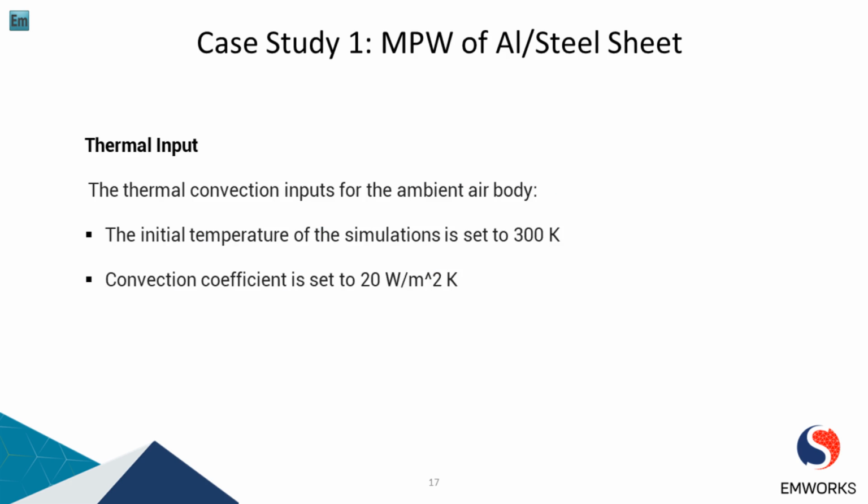So in any welding process, understanding and controlling thermal input are critical aspects. For this case study, we precisely defined the thermal convection inputs for the ambient air body. The initial temperature of the simulations was set at 300 Kelvin, which represents typical ambient conditions.